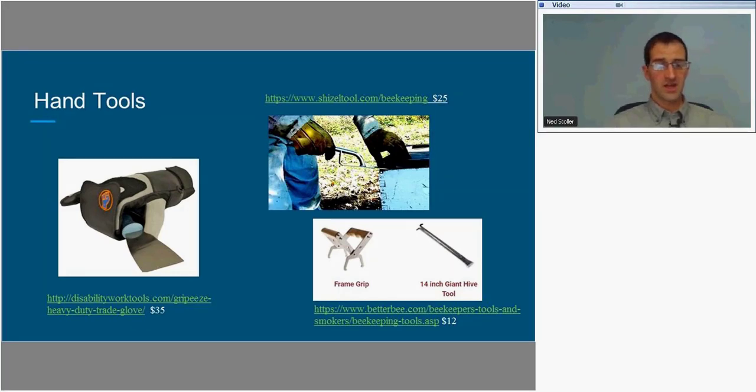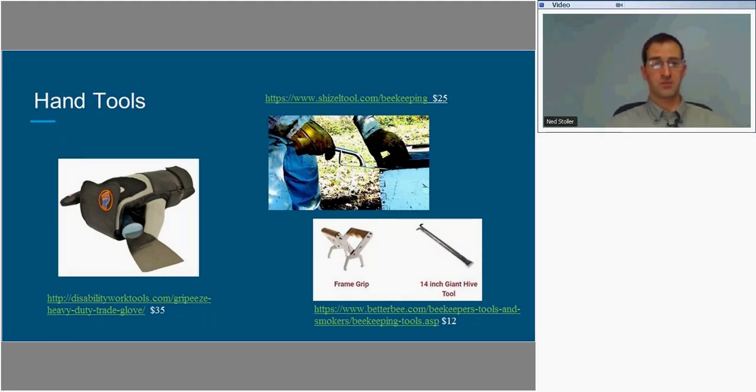And then on the left is the Grippy's glove. It is a Velcro glove. You put the glove on your hand, grip onto your tool, pull the Velcro strap around your fingers and stick it to where your knuckles are at. And this forces your hand to stay in a fist without you exerting forces.